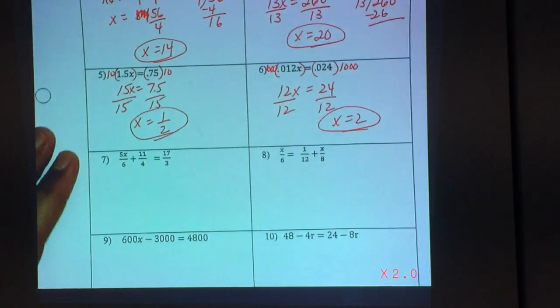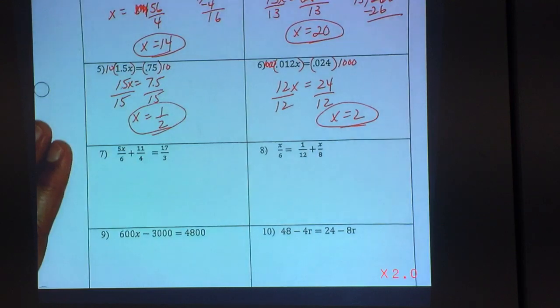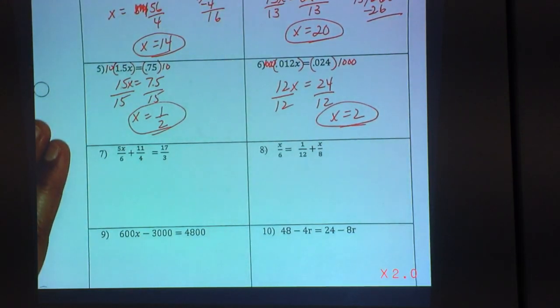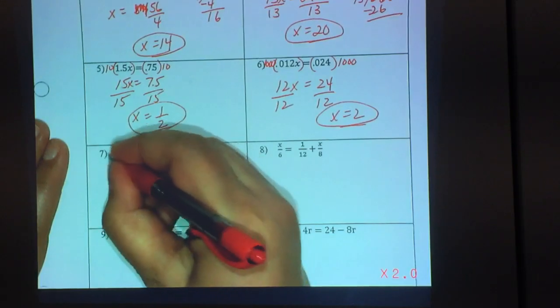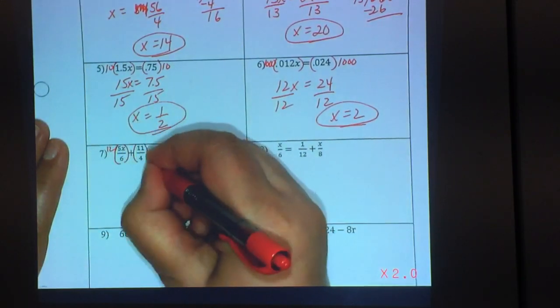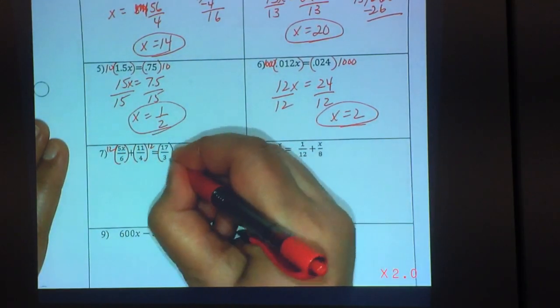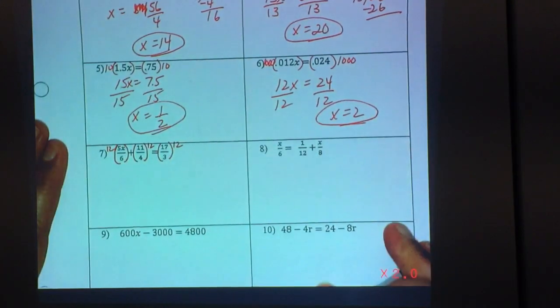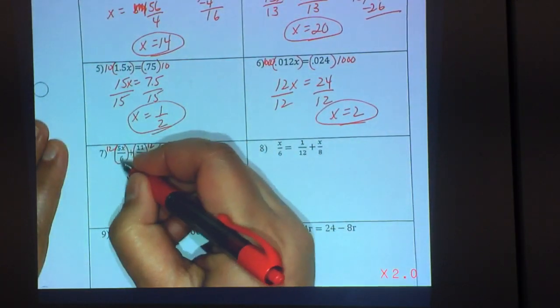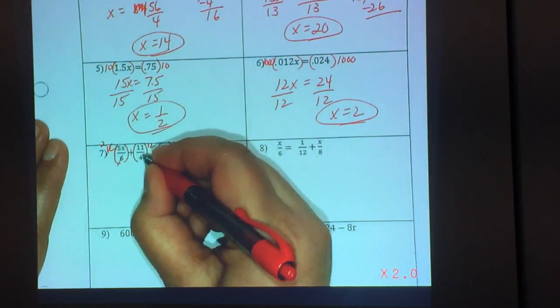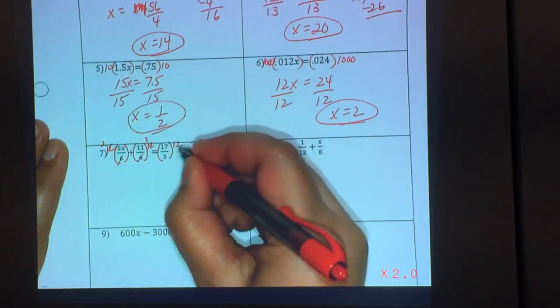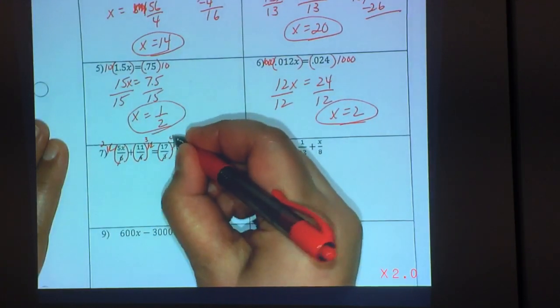This is the lesson we had just done. I need a common denominator of 6, 4, and 3. Looks like it's 12. I remember this one from class. 12 divided by 6 is 2. 12 divided by 4 is 3. And 12 divided by 3 is 4.